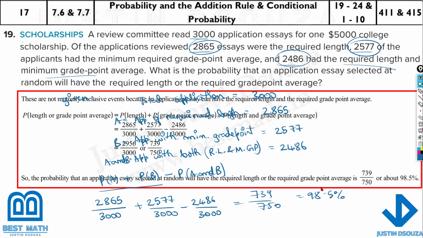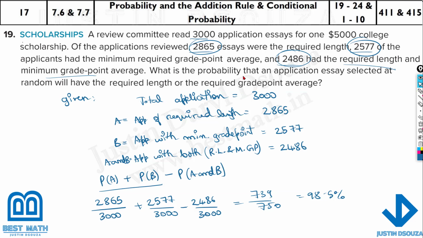So this answer is for the probability that an application selected at random will have the required length or required grade point. If you're wondering what was over here, I forgot to write it, A or B. So it can be either A or B, any of these conditions. This is the formula. You don't need to write length and grade points.